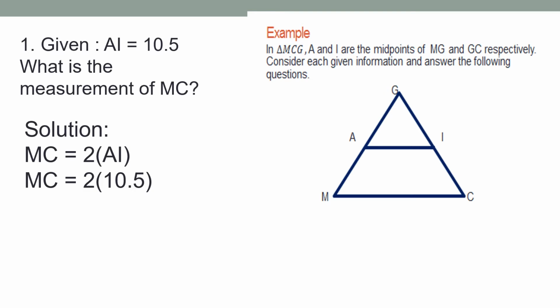So, MC equals 2 times 10.5. MC is equal to 21 units because by the midline theorem, the segment that joins the midpoints A and I is parallel to the third side and half as long.